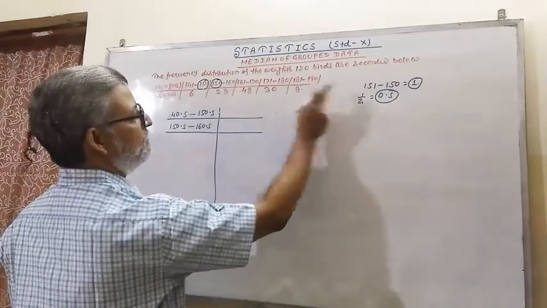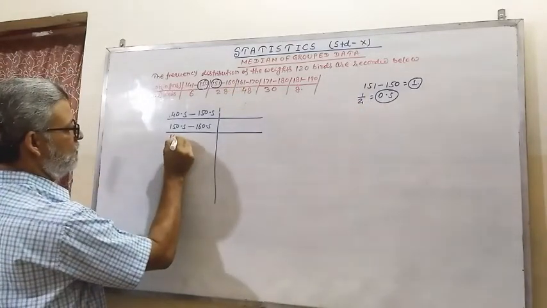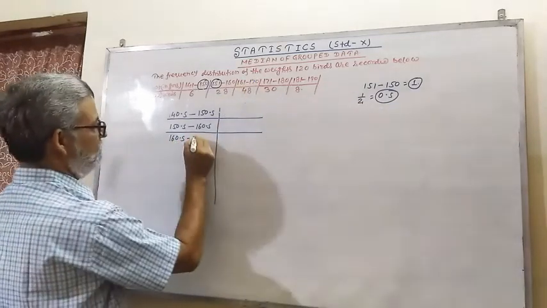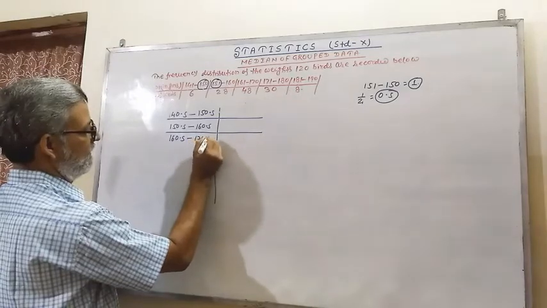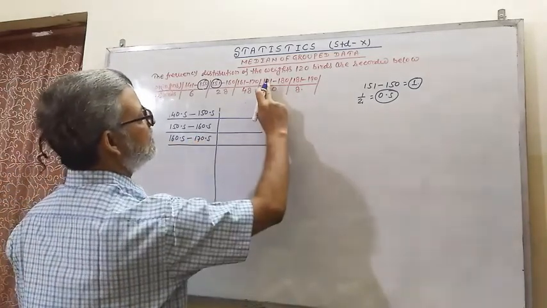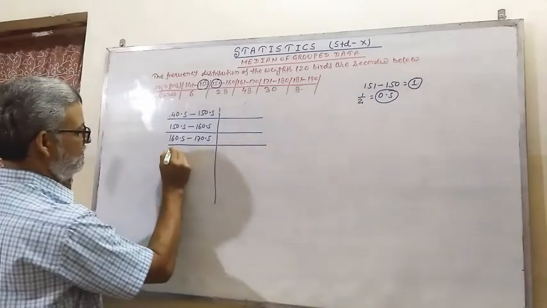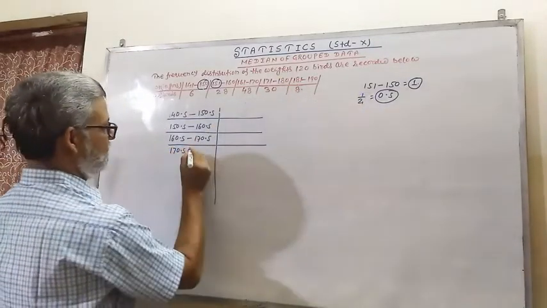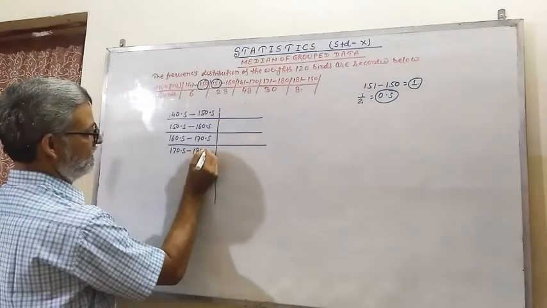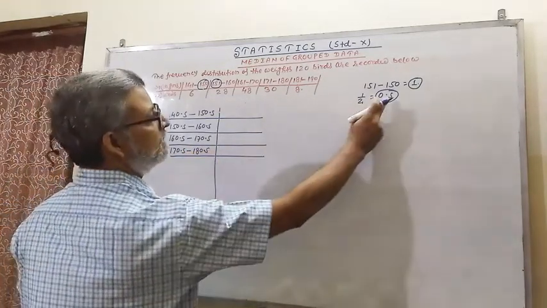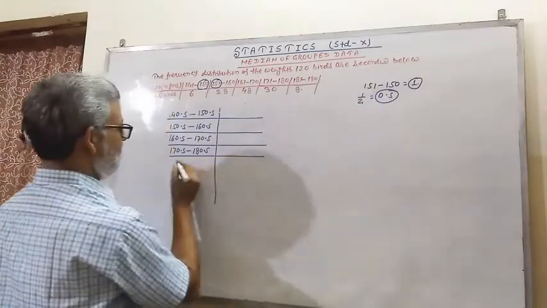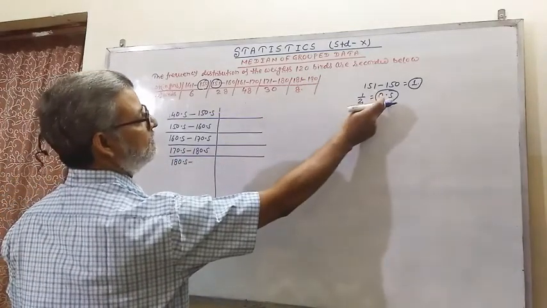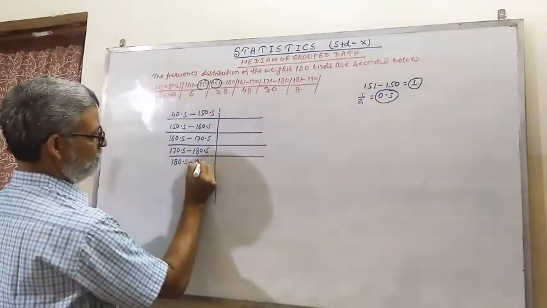Again 161 minus 0.5, 160.5, and 170 plus 0.5, that is 170.5. 171 minus 0.5, 170.5. 180 plus 0.5, that is 180.5. 181 minus 0.5, 180.5, and 190 plus 0.5, that is 190.5.